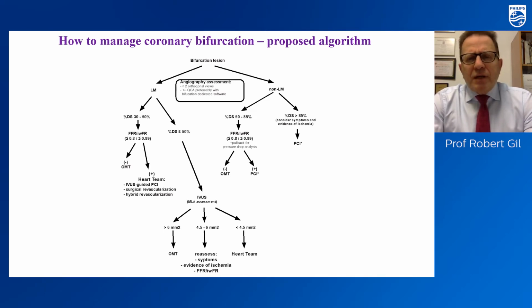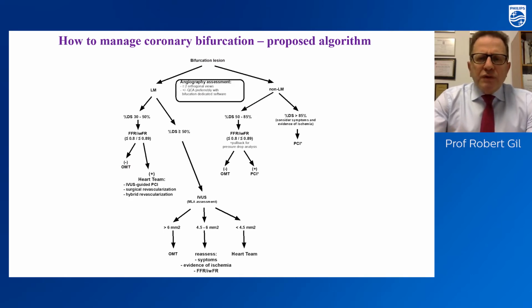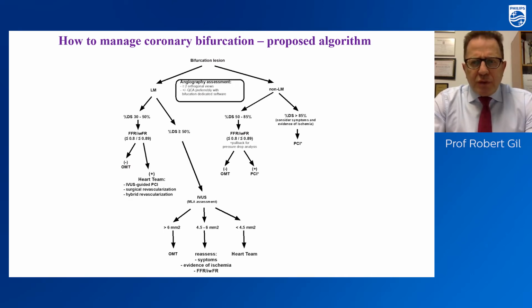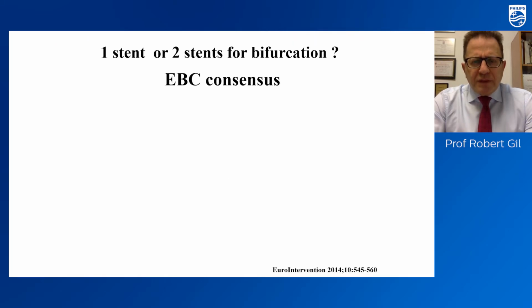Please take note that it is very important to discriminate left main and non-left main lesions as well. And here you don't see the proposed techniques which can be performed in such a situation.